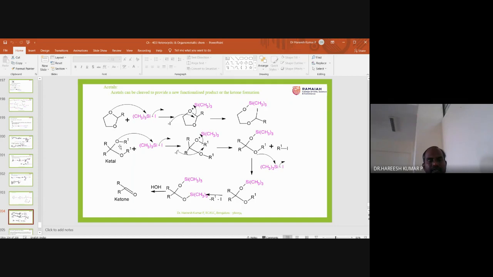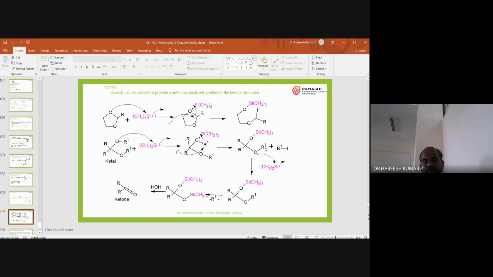So ketal, when it is treated with trialkyl silyl iodide, there will be a new bond formation between this oxygen and this silyl. That is how an intermediate is formed like this. At this stage, since there is a positive charge on the oxygen, this bond pair moves towards that. Then R1 attains a positive charge that is attacked by I minus.